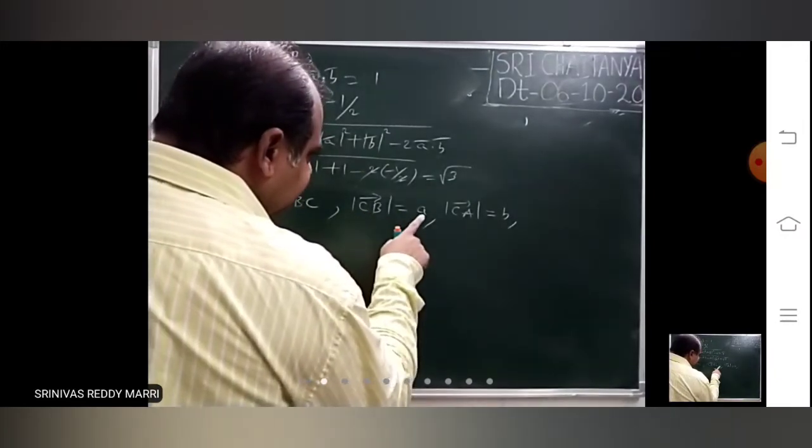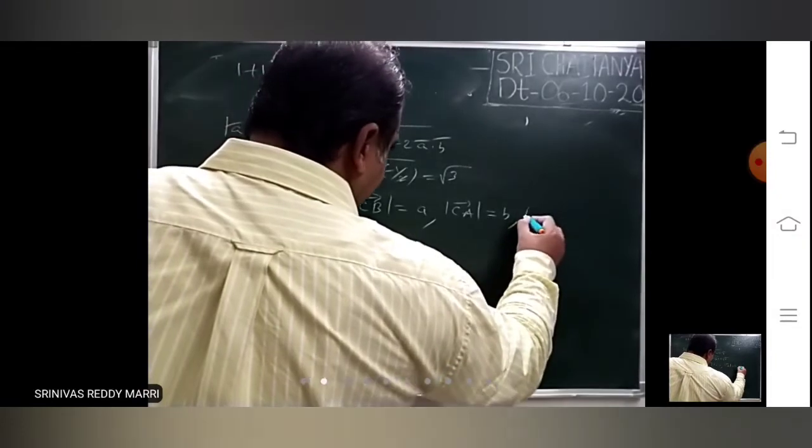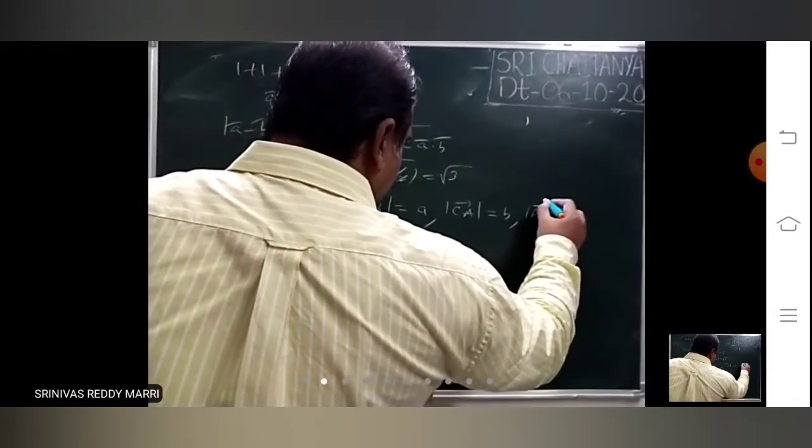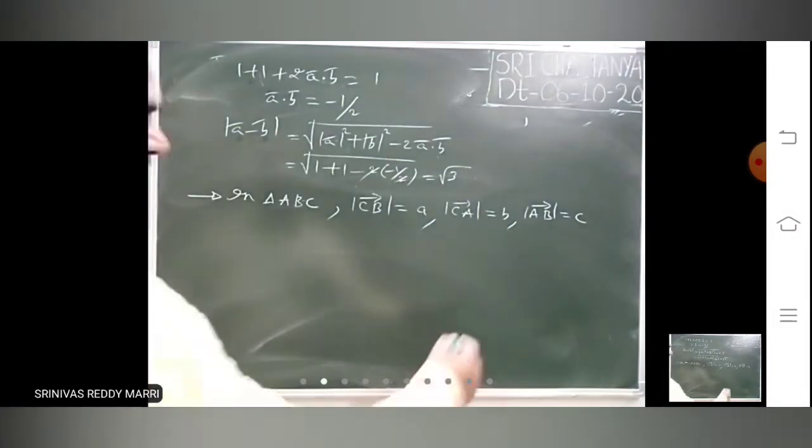This vector magnitude is small a, this vector magnitude is small b, and this vector magnitude is small c.